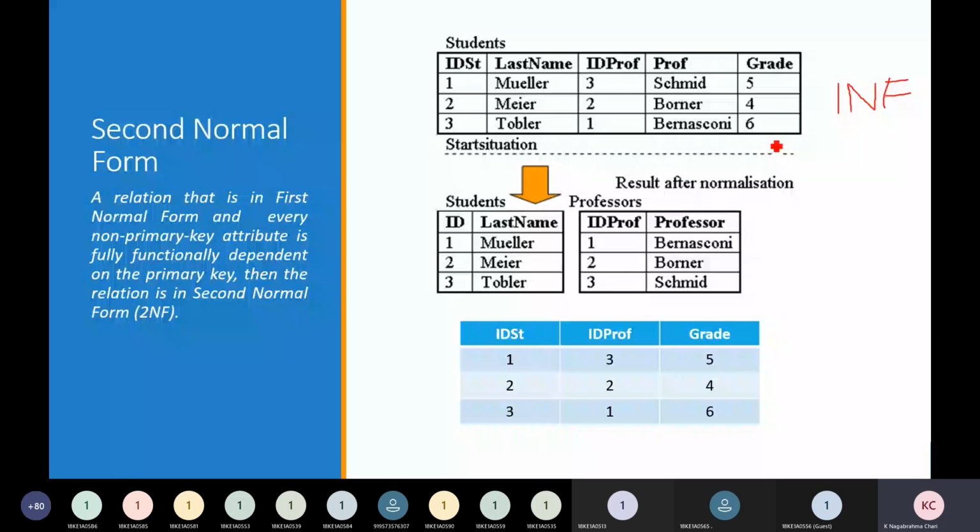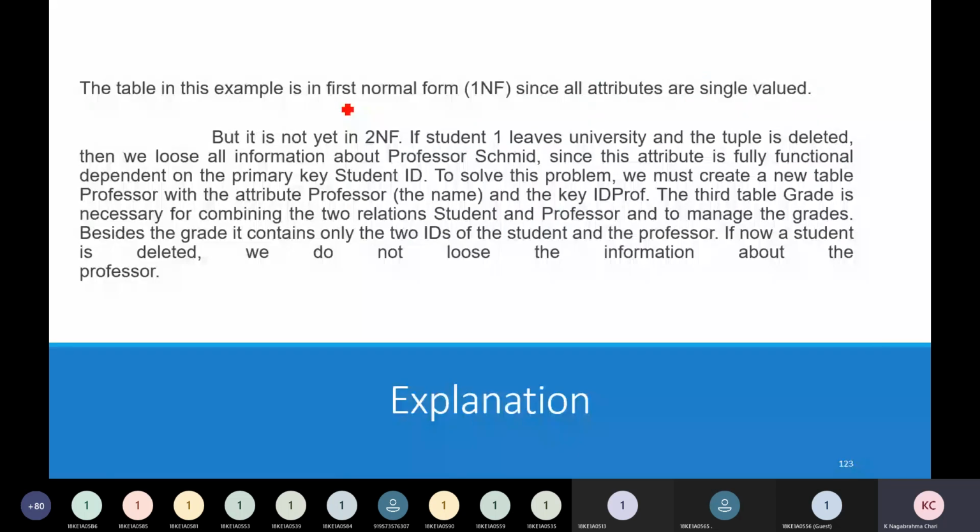Now you try to determine the functional dependencies. Suppose I take student ID as the primary key. What are the dependencies we have? Based on this student ID, this table is in first normal form, since all attributes are single valued, but it is not yet in second normal form. Why?